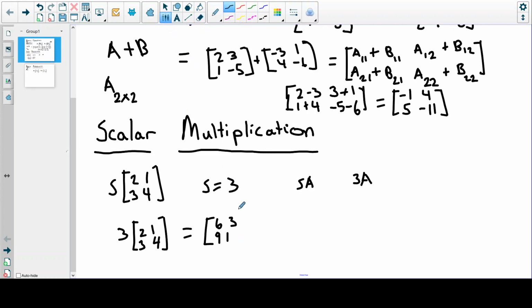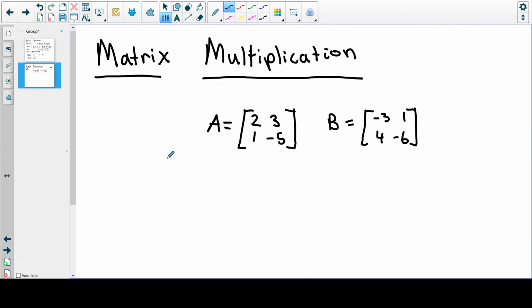Now the big thing to remember is scalar multiplication is different than normal multiplication of matrices. That's the next thing we're going to do, the multiplication between matrices. Since that's scalar, which you can do with anything, now let's go to multiplication.